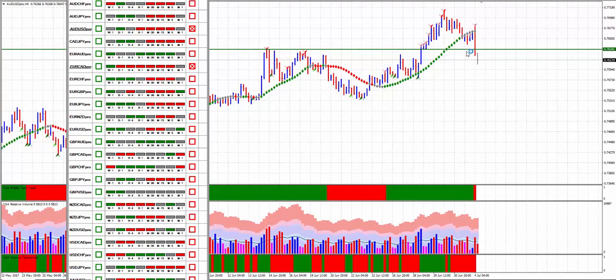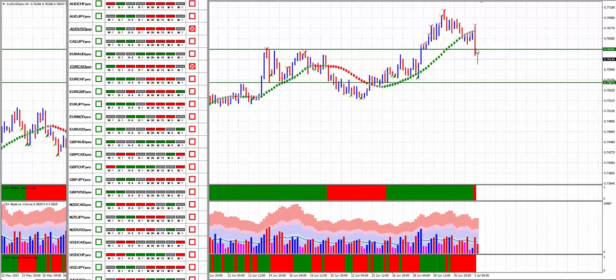I'll be looking to take shorting opportunities here with the Aussie USD, but be mindful of this ultra high volume. We've got a trigger point on the high and a trigger point on the low, so this is where it's likely to come down to in the short term, back down to around the 75.67 level.